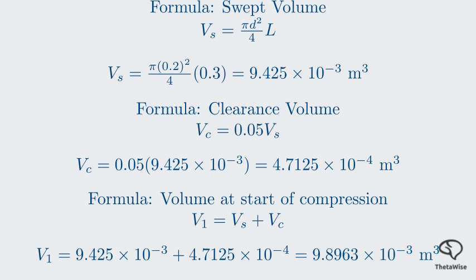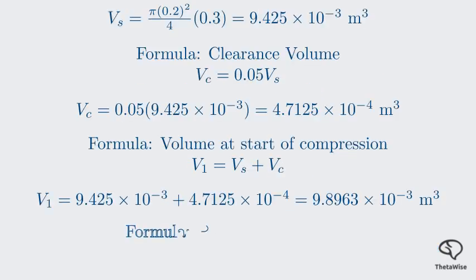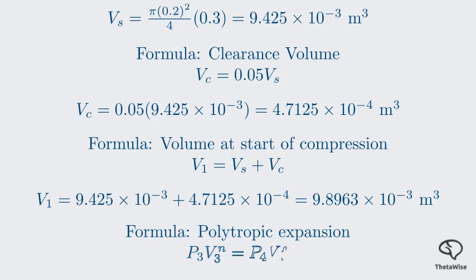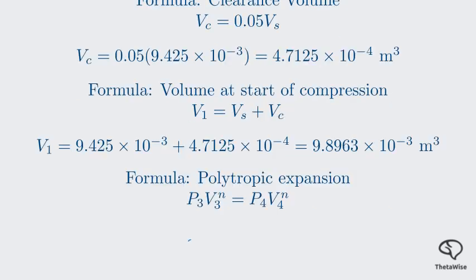The next step is to find V4, the volume at the end of the re-expansion of the clearance air. The process from point 3 to point 4 on the PV diagram is a polytropic expansion. We can use the polytropic equation to relate the volumes and pressures at the 2 points. Rearranging this equation to solve for V4, we get V4 equals V3 times the ratio P3 over P4, all raised to the power of 1 over n.